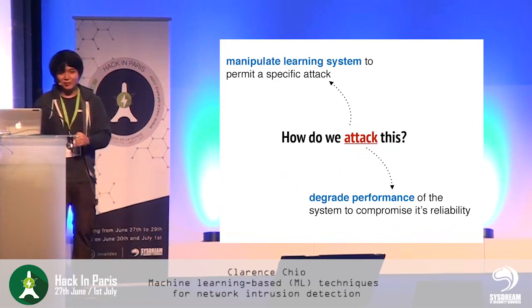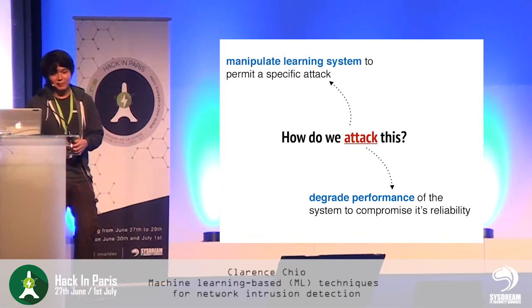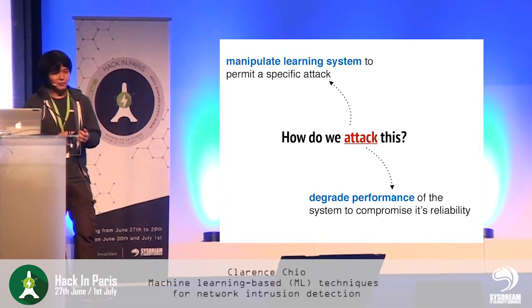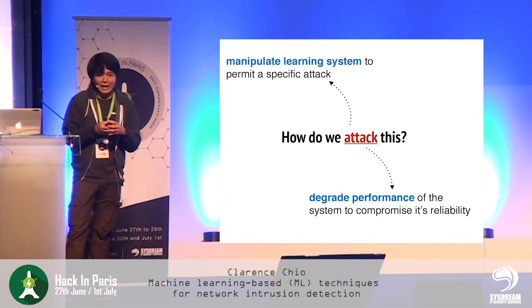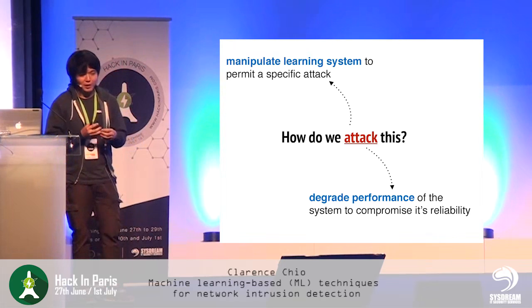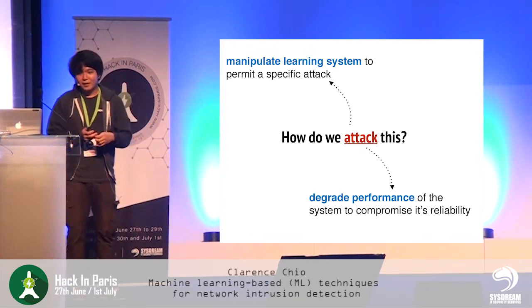The next part, I think, is more interesting: how we attack this. So what is attacking a machine learning model? The first definition is to manipulate the system to permit a specific attack. So let's say I am a malware author. I want to bypass Gmail's malware classification system, which is based on a machine learning model, unsurprisingly.